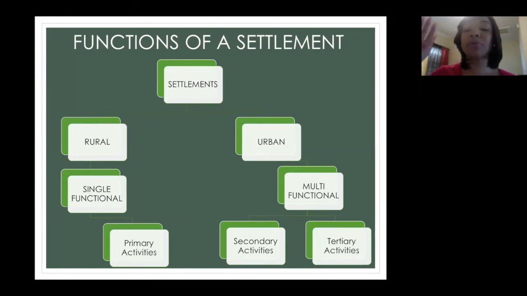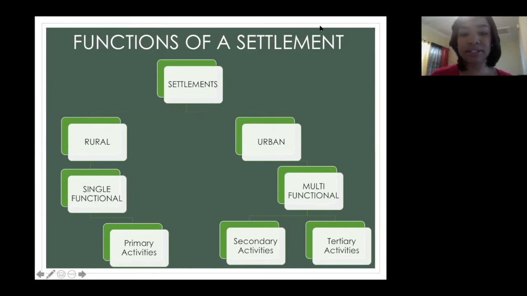When you think of the tertiary industry, guys, I want you to think about the Bahamas. What's our main industry that we rely so heavily on here in the Bahamas? It is also considered a tertiary industry. Could anyone assist me with that? What is our number one industry in the Bahamas?